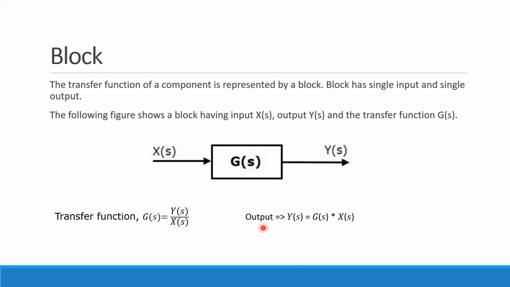The output can be calculated with this formula: Y of S equals G of S into X of S. Whenever you multiply the transfer function with the input, you get the output of this particular block. That we are going to do in the numericals. So this is all about the block.